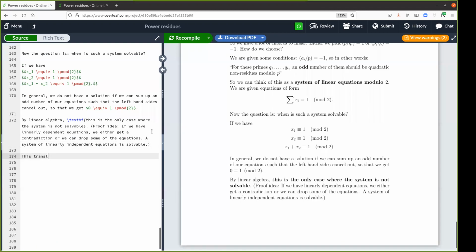And when we go back to the original problem, why do we have a solution when the equations are linearly independent? Well, that's a linear algebra fact, which I will not cover here, but that's a general principle in linear algebra: if we have some independent equations, then the system is solvable.